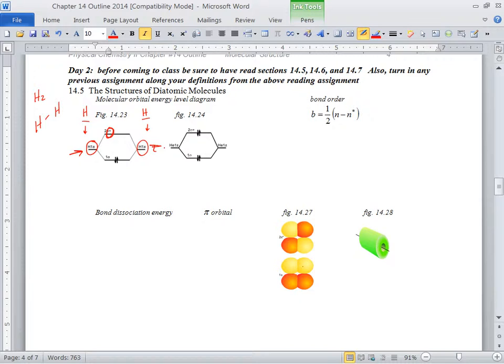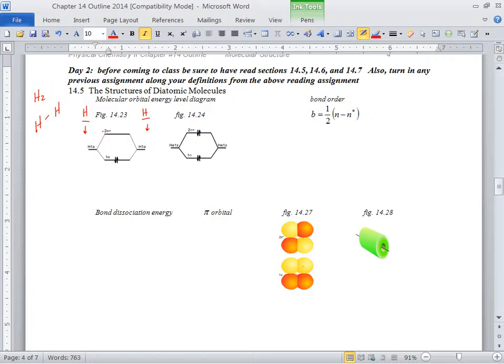That's what makes it antibonding. If you don't see a star, it means it's bonding. It's always lower than the constituent atomic orbitals you started out with. I like the height idea rather than just looking at these stars. You just look at the height in your molecular orbital diagram.